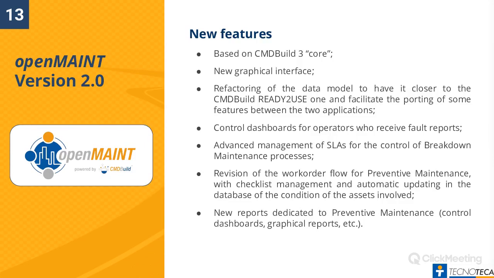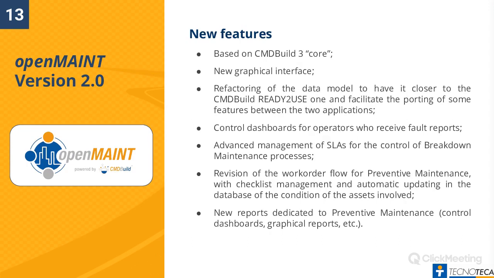Then you get a new checklist for the preventive maintenance, which lets you have a quick view of all of the maintenance elements that are going on, with controls and measurings. And the outcome of this checklist will automatically update the asset status.